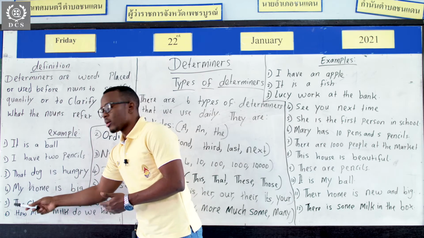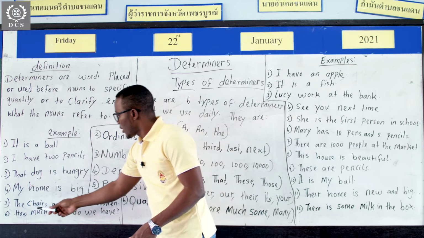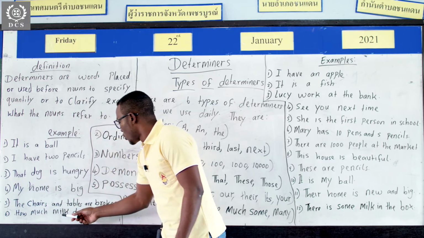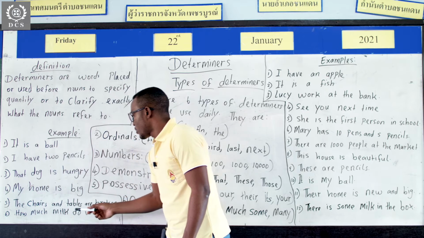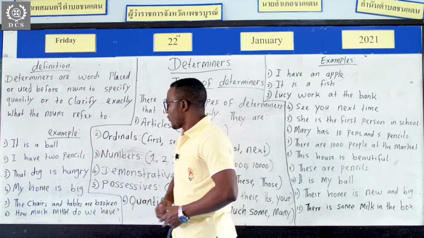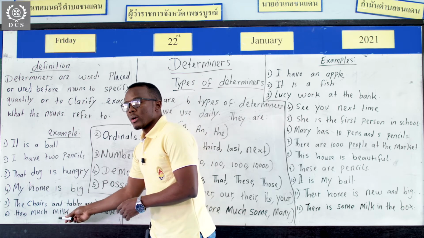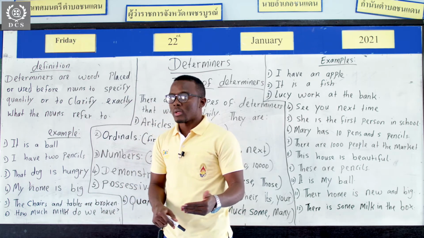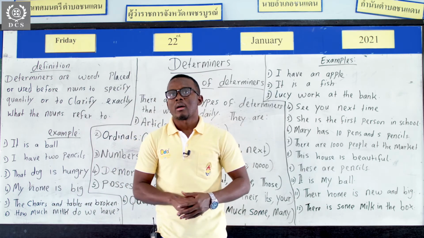So the is a determiner. How much milk do we have? If we look at this sentence, you will see that milk here is a noun. So how much is a determiner.